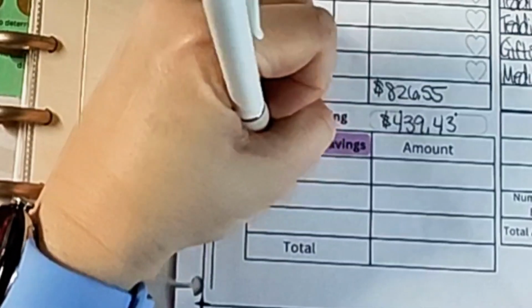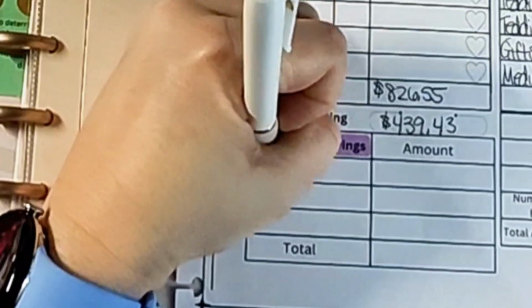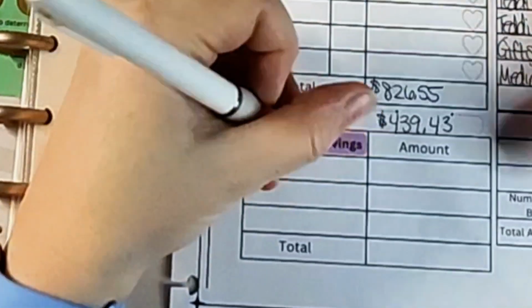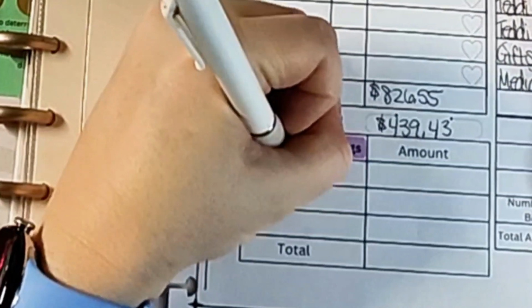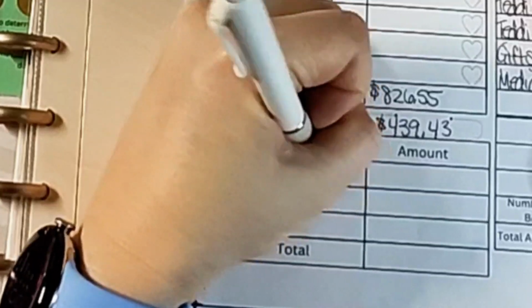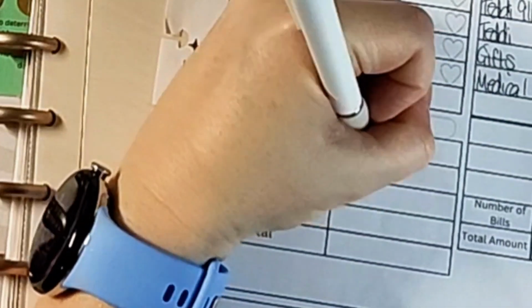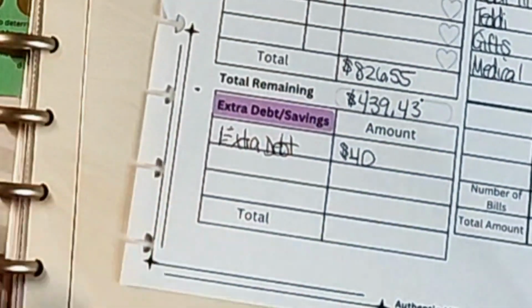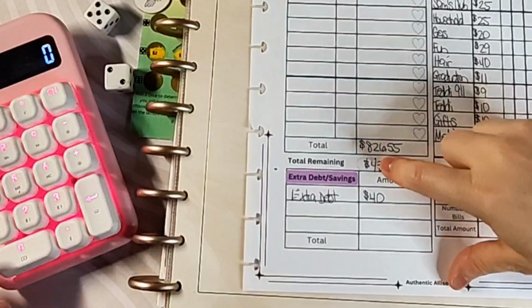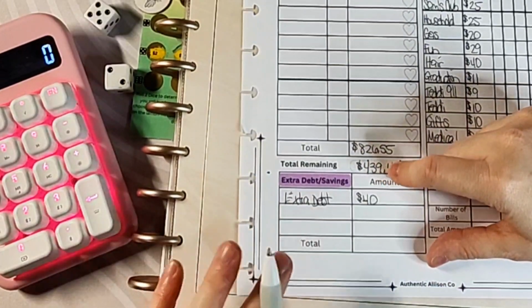So extra debt. And we're going to make sure that I tracked this properly. So this is great. I actually went above and beyond my goal, which is wonderful. So $40 to debt. So that means that I'm going to do some reverse engineering here.